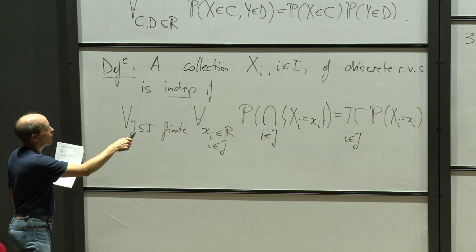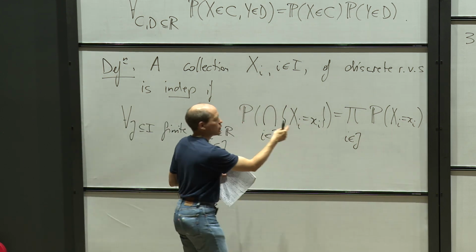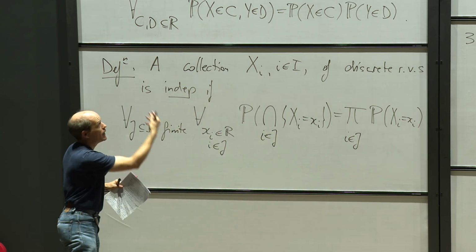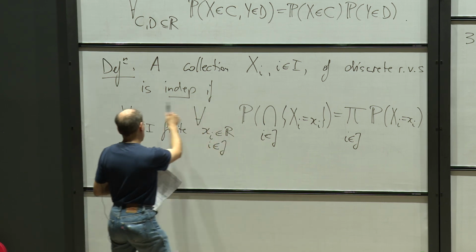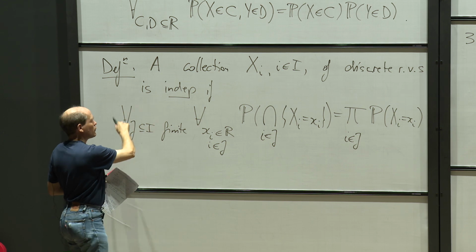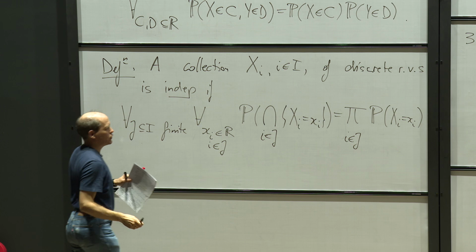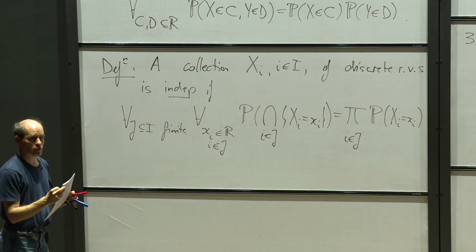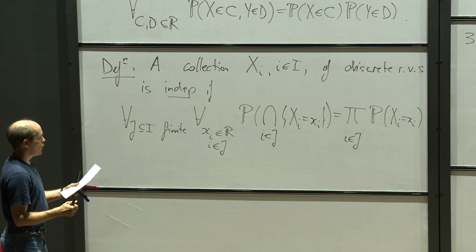Right? So really combining the ideas of using the events Xi equal to little xi as my events Ai, and using the idea of going to finite subsets of our index set in order to specify the independence of a bigger family, bigger than two elements, of events.